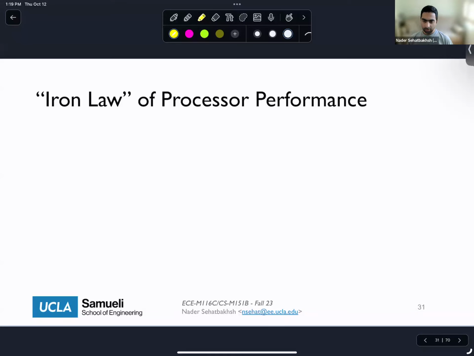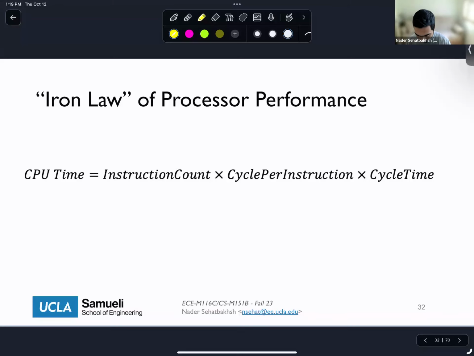So based on this, I'm going to introduce what we call the iron law of processor performance. The iron law of processor performance basically says that the CPU time is a function of three things: instruction count, cycles per instruction, and cycle time. I'm going to explain each of these one by one.